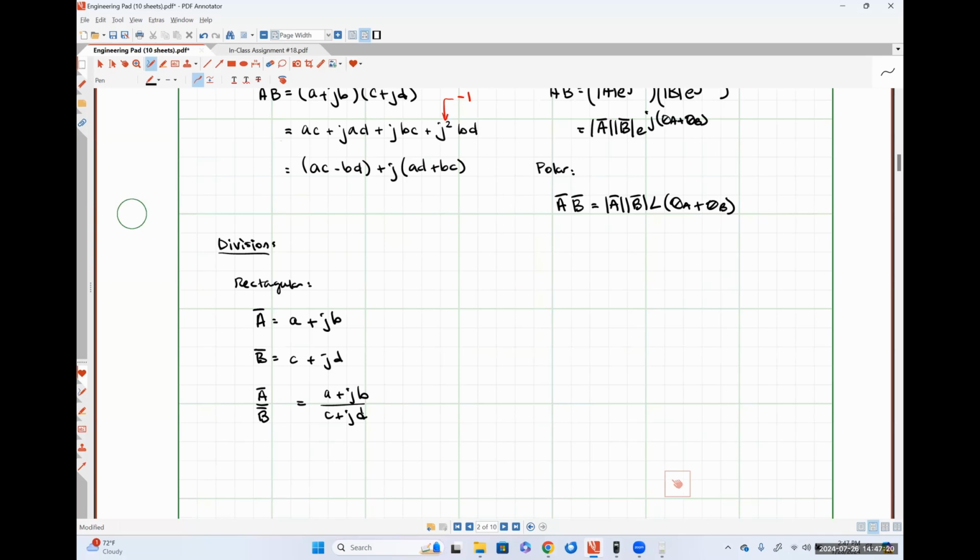So in order to fix that, I'm going to multiply by a fancy representation of the number 1. And I'm going to choose to do that as b conjugate over b conjugate. So what would b conjugate be?